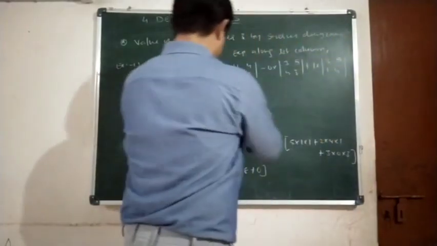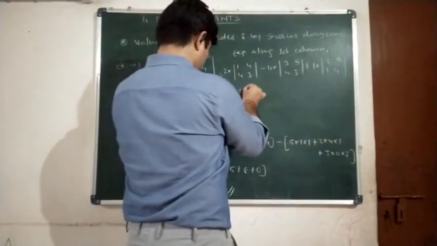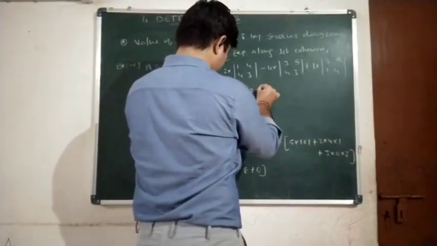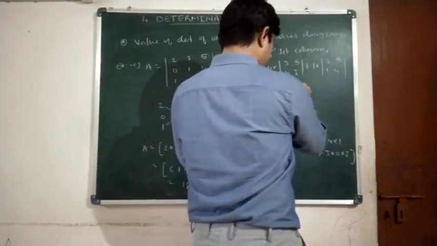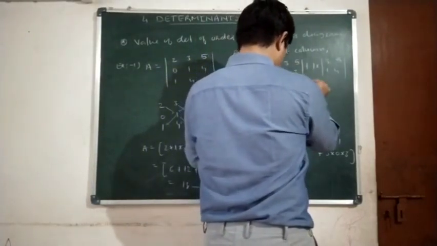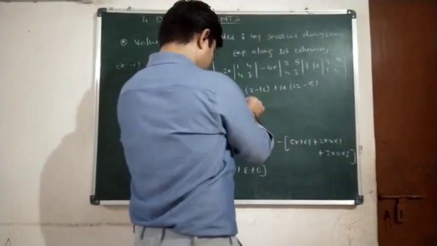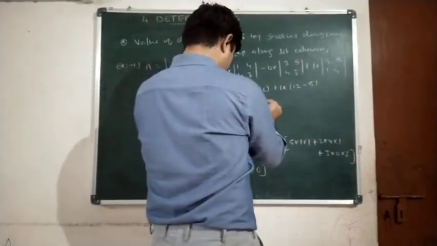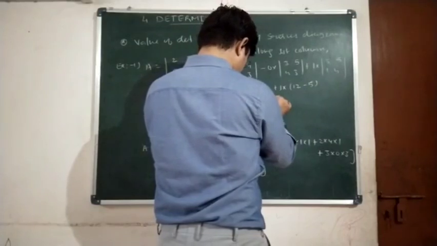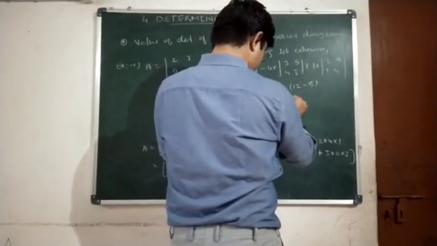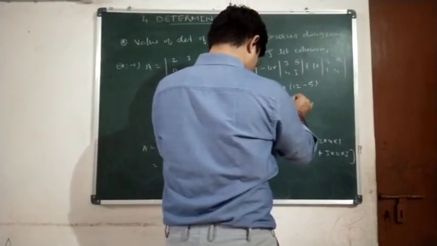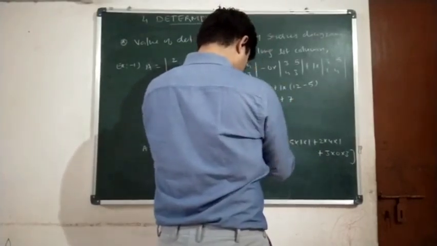Now we will simplify. 2 into 3 1s are 3 minus 4 4s are 16. This term will be 0. 1 into 4 3s are 12 minus 5. So 2 into minus 13 plus 12 minus 5, 7.